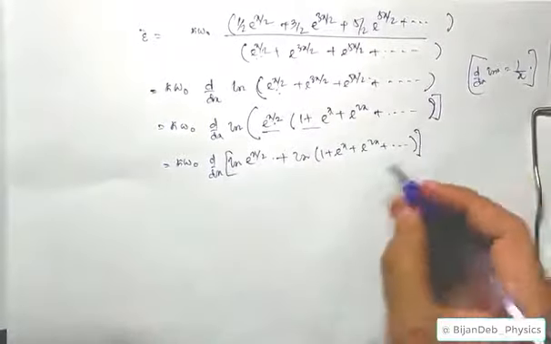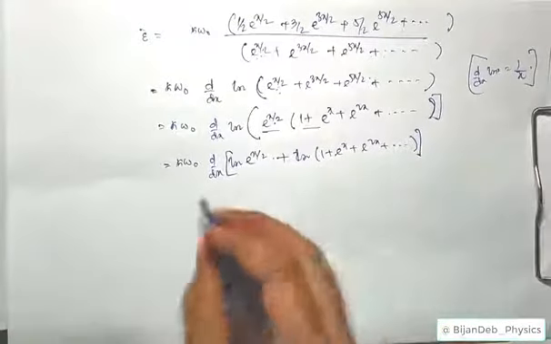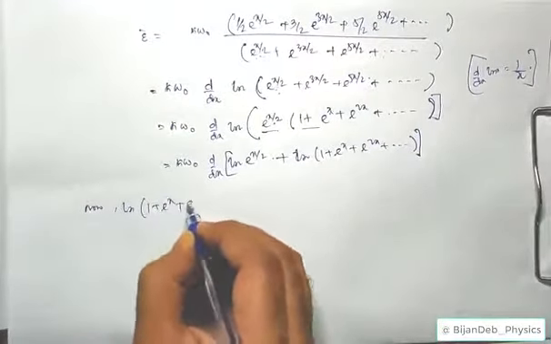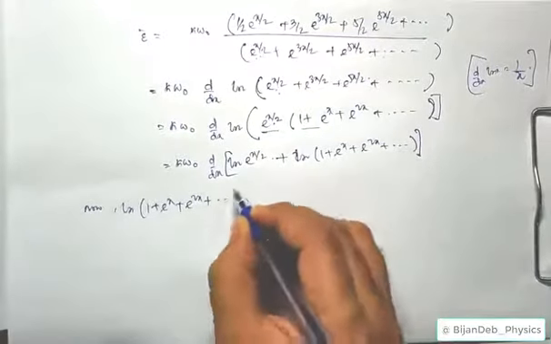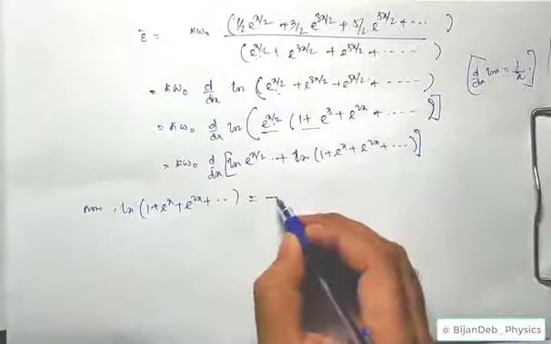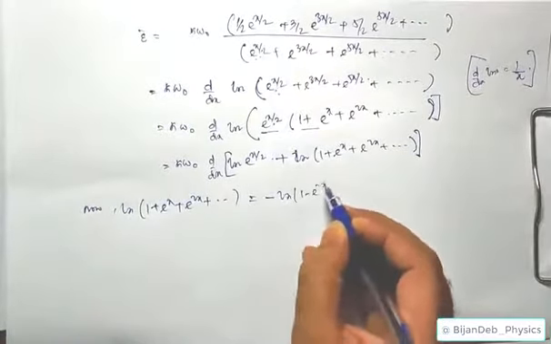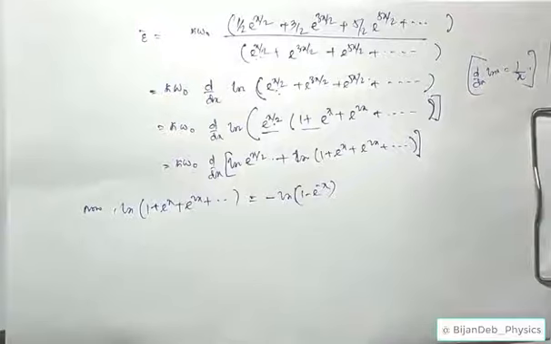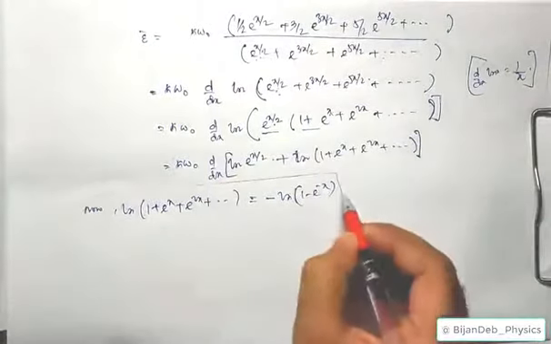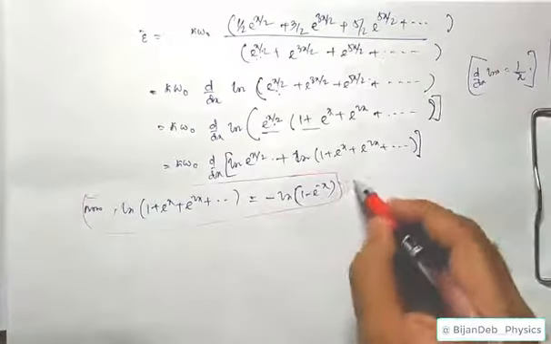Now ln of 1 plus e to the power x plus e to the power 2x dot. This expression, you have to remember some of the direct results also. This will be given by minus ln of 1 minus e to the power minus x. So this result you remember.